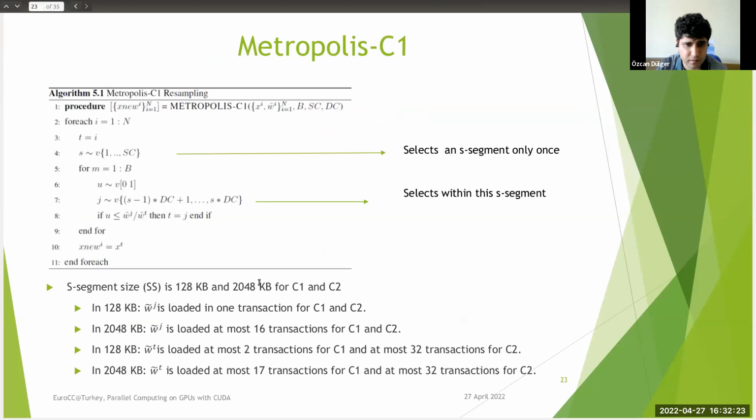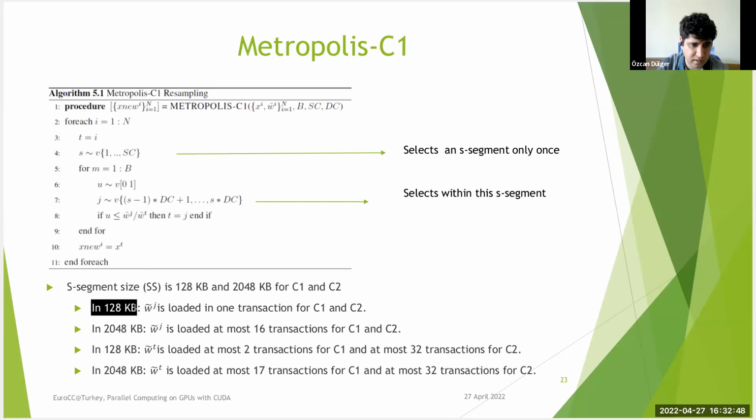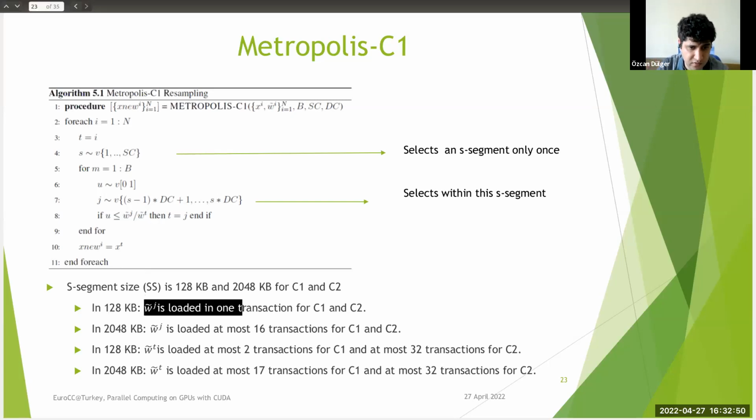Okay, let's focus on Metropolis C1 at first. When the S segment size is 128 kilobyte, that means the S segment consists of a single segment. So WJ is loaded in one transaction for C1 and C2, okay?